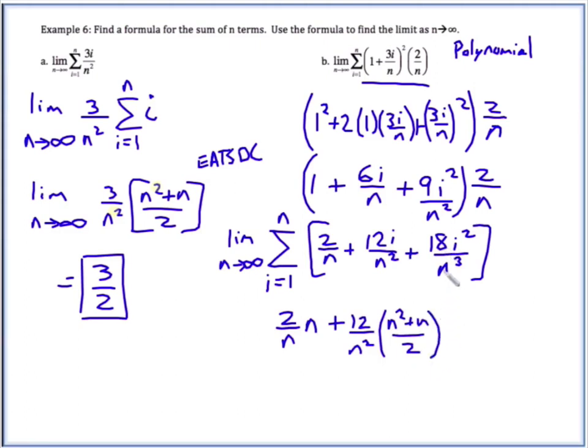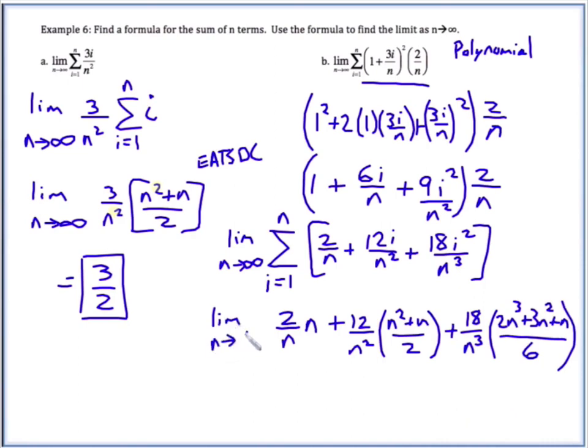And here we have a constant times i squared. So that's going to give me 18 over n cubed times, well, the sum of i squared is (2n cubed plus 3n squared plus n) over 6. Okay, and all of this we're finding the limit as n goes to infinity.